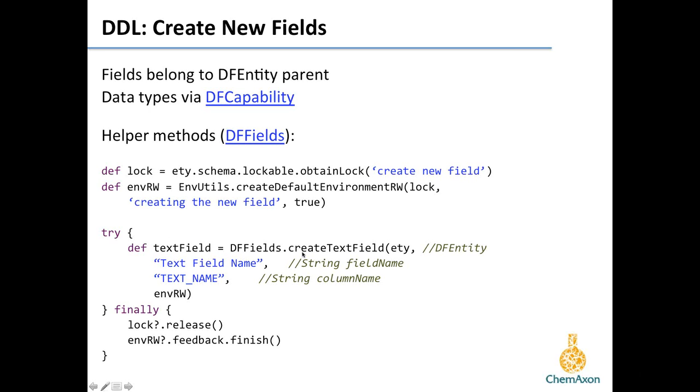We'd have our text field as create text field. And the options there are where, entity, what's the field name, text field name, and then what's the column name. And this is just what it's going to be referenced as in the database itself. And then release our lock and finish our environment. Again, the helper methods are not in DF field, they are in DF fields.